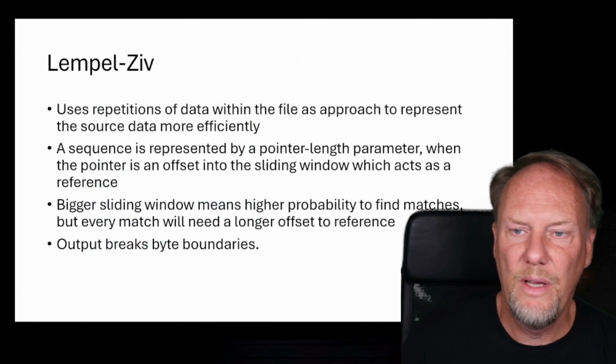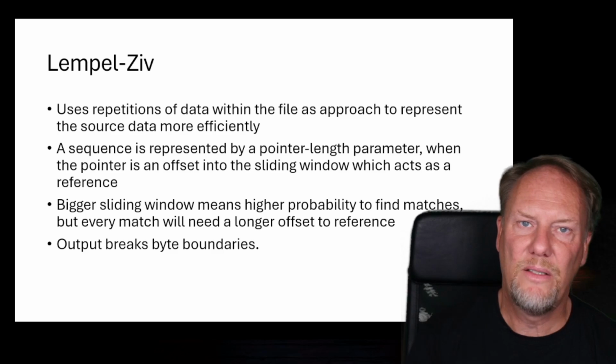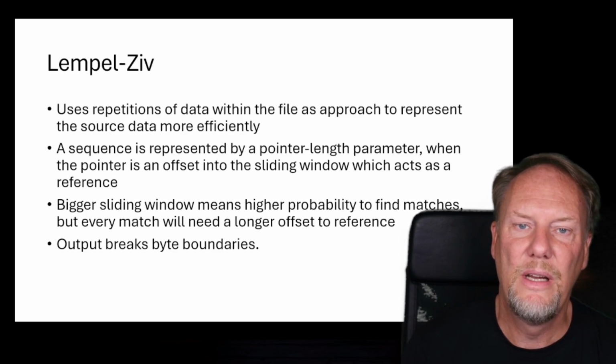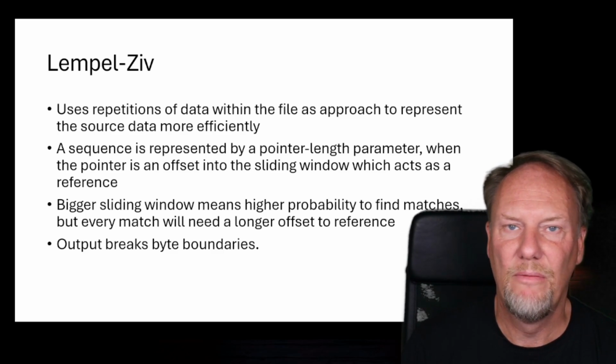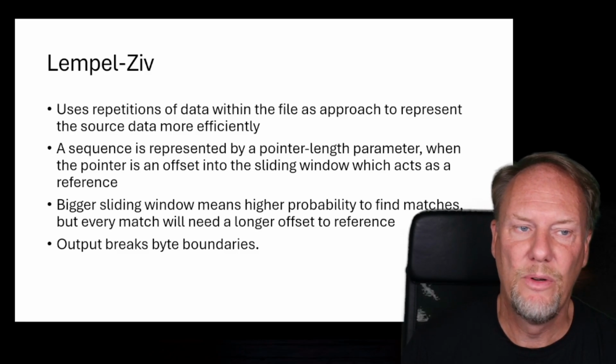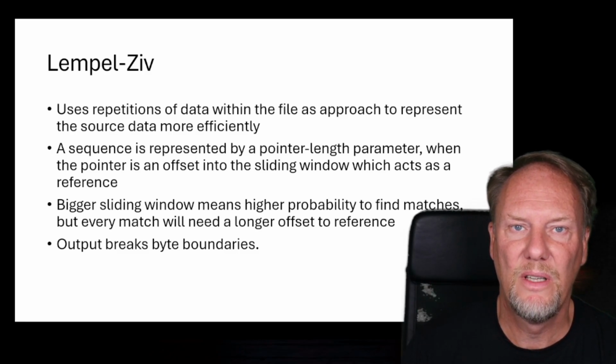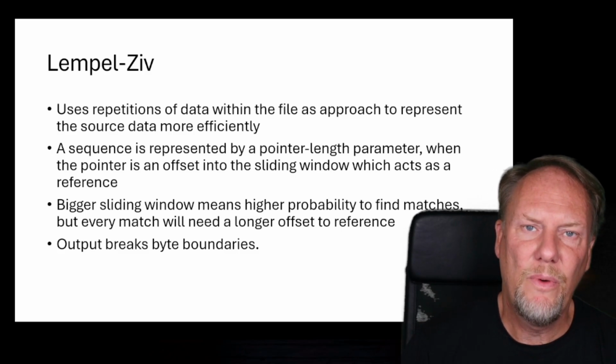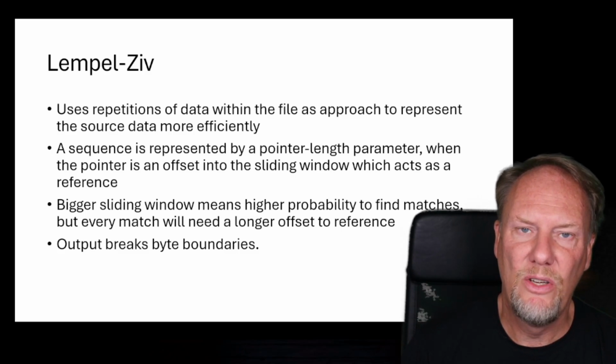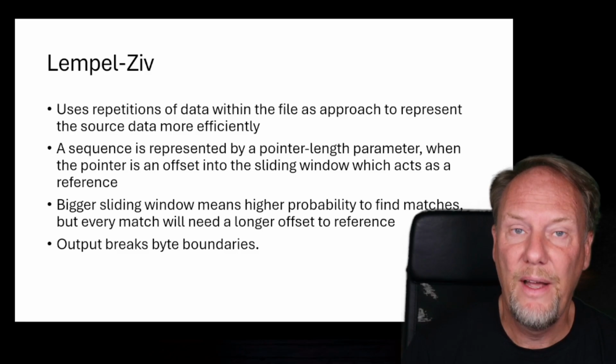Right. All right, and then LZ. That's a technology named after the two founders, Lempel and Ziv. These are the family names of the two guys that did this. This one is not working with repetition of bytes, it's finding repeated data.